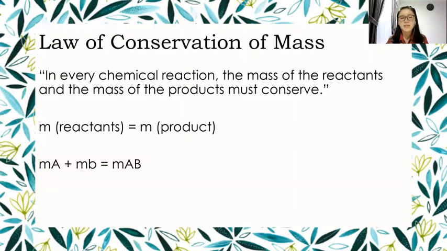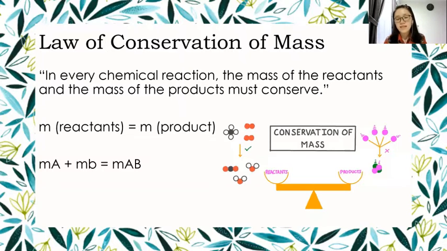It's not balanced yet. That's it for the law of conservation of mass. But later I will teach you how to balance the equation if it's not balanced yet, and I'll give you a sample showing whether the law of conservation of mass is true.